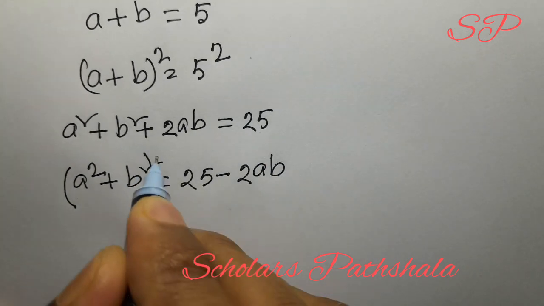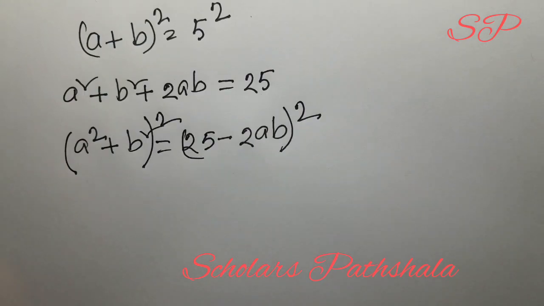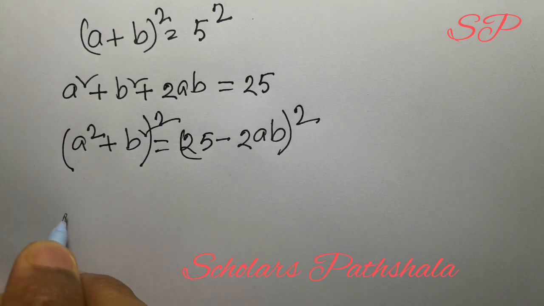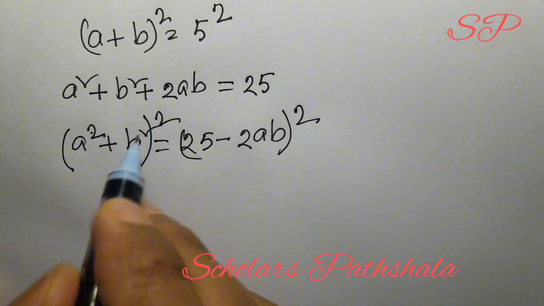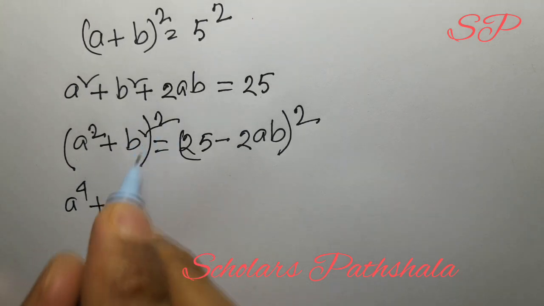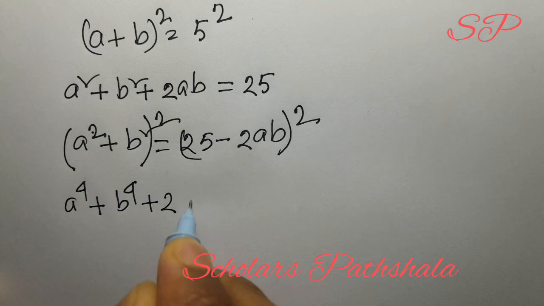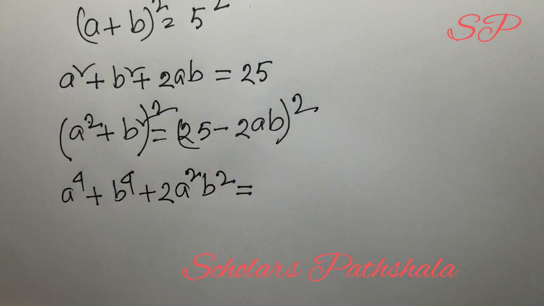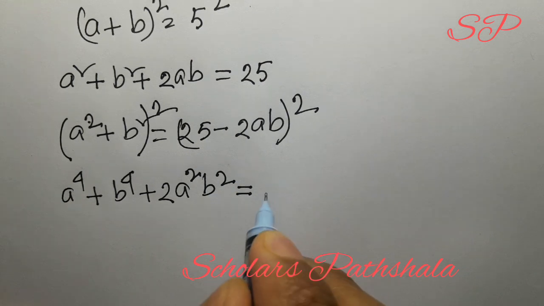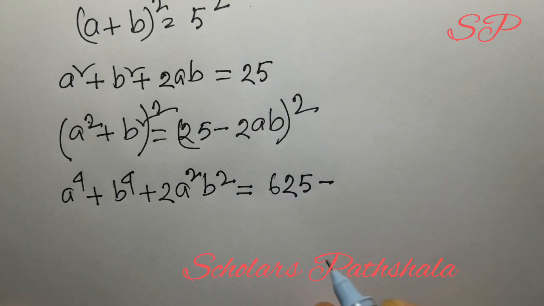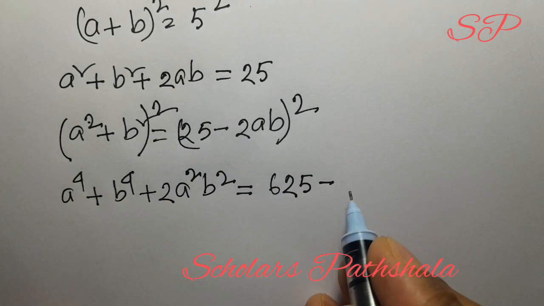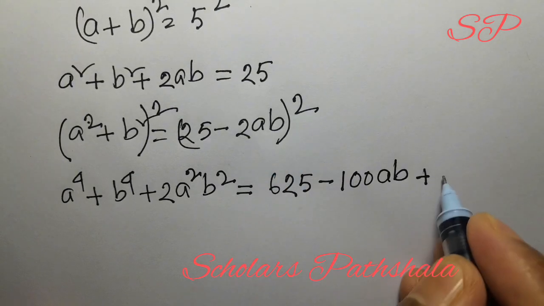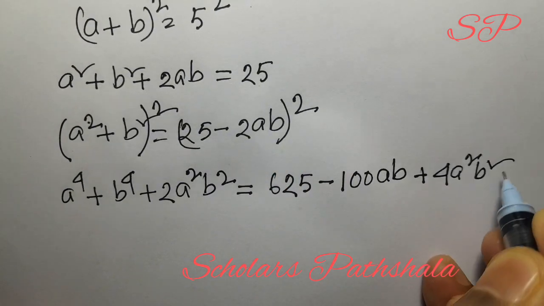Again squaring this equation, we use the formula a square plus 2ab plus b square, so a to the power 4 plus b to the power 4 plus 2a square b square is equal to, here we can write 25 square is equal to 625, and 25 into 2 is equal to 50, 50 into 2 is equal to 100ab, plus here is 4a square b square.